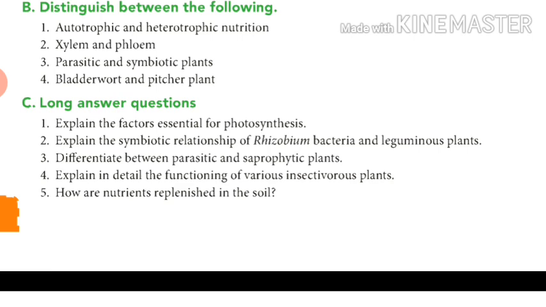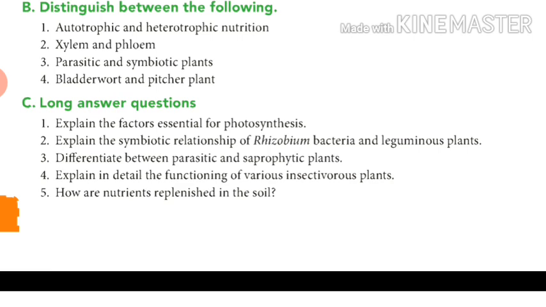Discuss water, chlorophyll, light, that is sunlight, and carbon dioxide, which are the essential components for the photosynthesis process. It is given in the textbook, in the first topic.